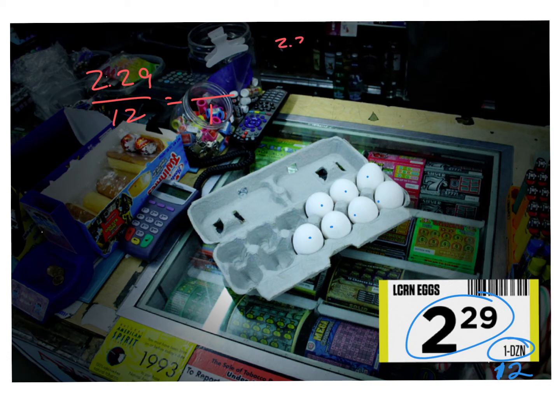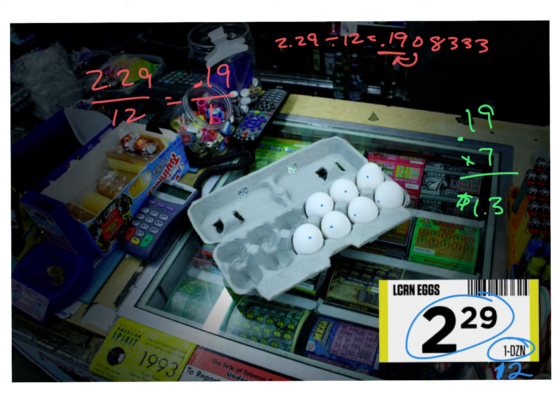So I do $2.99 divided by 12, and I get 0.1908, and then again a bunch of 3s. So right now that's 19. That 0 isn't going to change anything, so 19 cents. So 19 cents times 7 eggs. I think the shop should charge $1.33.